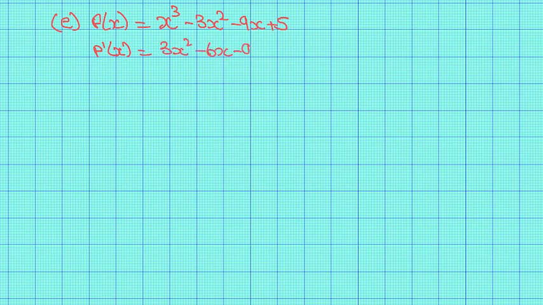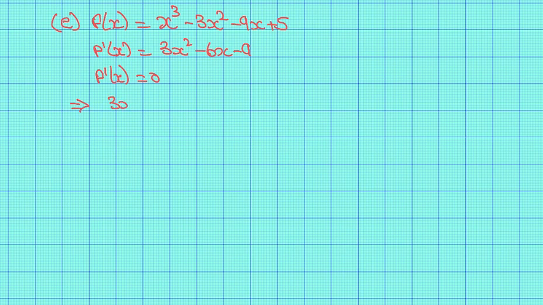Let's go back to one we've done before. So f of x is equal to x cubed minus 3x squared minus 9x plus 5. So we need f dash of x, which is equal to 3x squared minus 6x minus 9. We need f dash of x to equal 0.